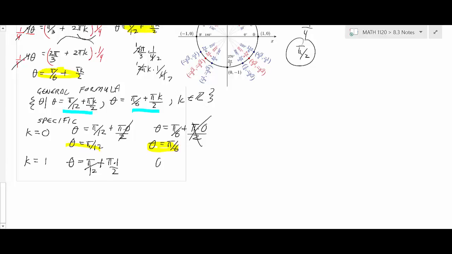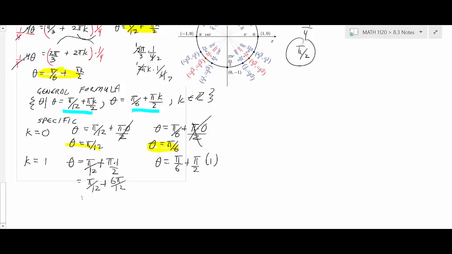Then over here, theta is pi over 6 plus pi over 2, with k equals 1. Then you'd have to go to k equals 2 and k equals 3. Eventually your answers will get bigger than where they're supposed to be on the interval. So when we do this, we're going to have pi over 12. If you get a common denominator, pi over 2 you could write as 6 pi over 12, right? 6 pi over 12 is the same thing as pi over 2.